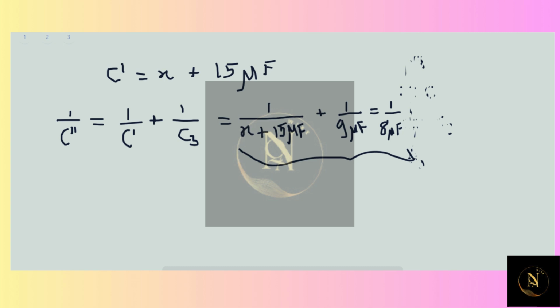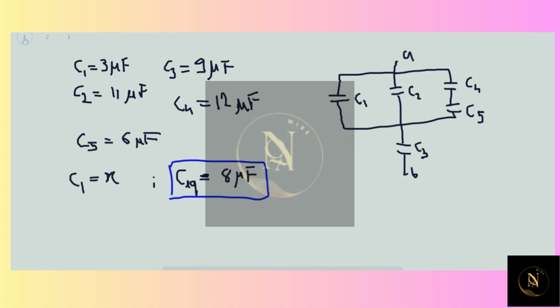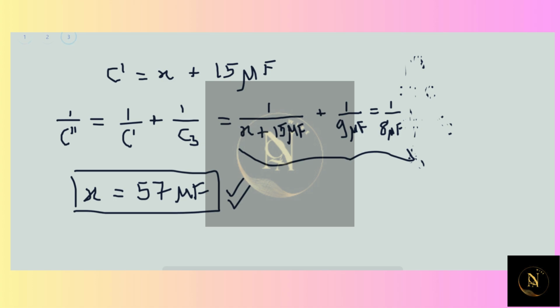We need to find the value of X. If you just do the algebra, we find that the value of X comes out to be 57 microfarad. This is the value of the unknown or replaced capacitor, using which the equivalent capacitance comes out to be 8 microfarad. So this is what the value of the unknown capacitor is. It's 57 microfarad.